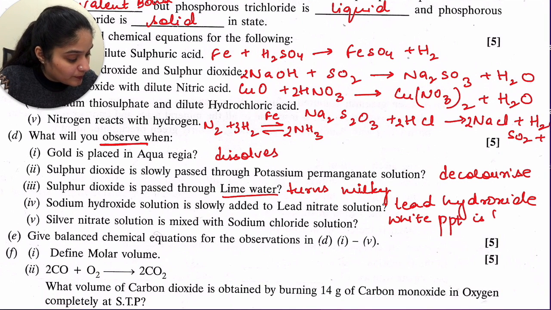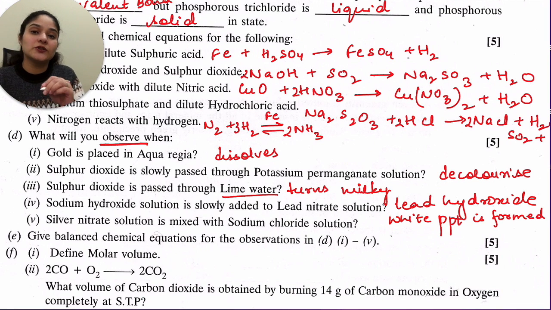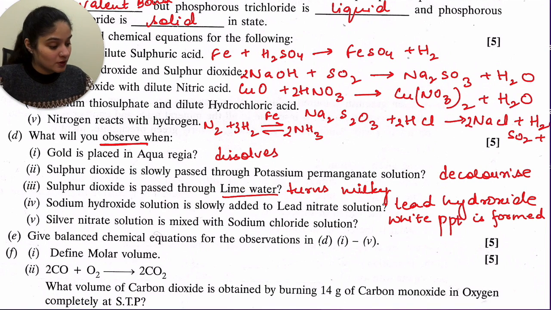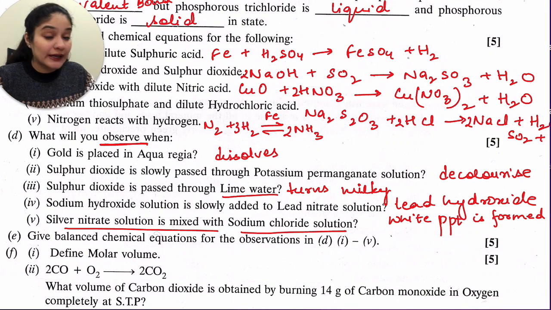This much information is sufficient, but if you would like to enhance your answer a bit more, you can mention that in excess solution this particular PPT will dissolve. That means it is soluble in excess solution. Then silver nitrate solution is mixed with sodium chloride solution.